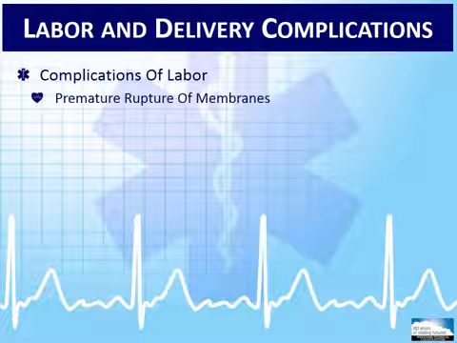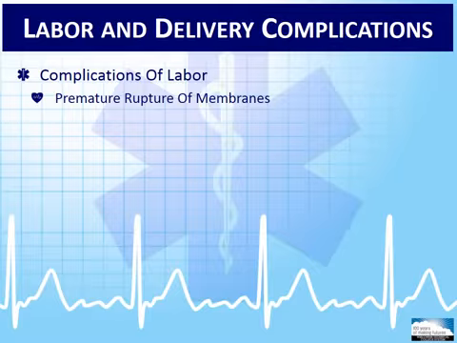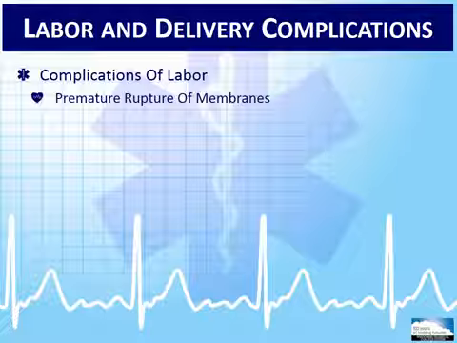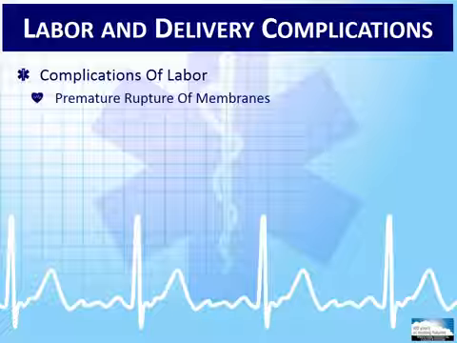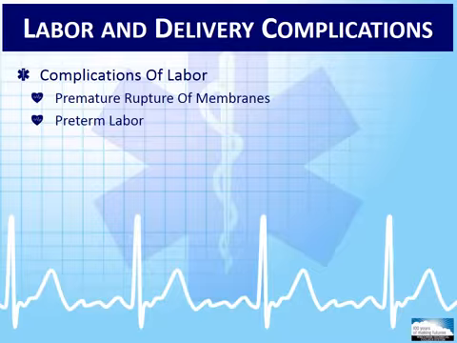Preterm premature rupture of membranes is a more serious complication in which this rupture of membranes occurs prior to the 37th week of gestation, which carries its own set of risks for the fetus and the mother, resulting in premature deliveries in many instances. Premature deliveries or labor can occur as well without the premature rupture of membranes.